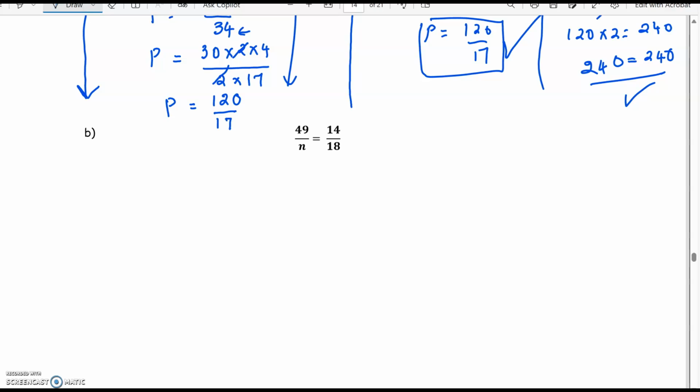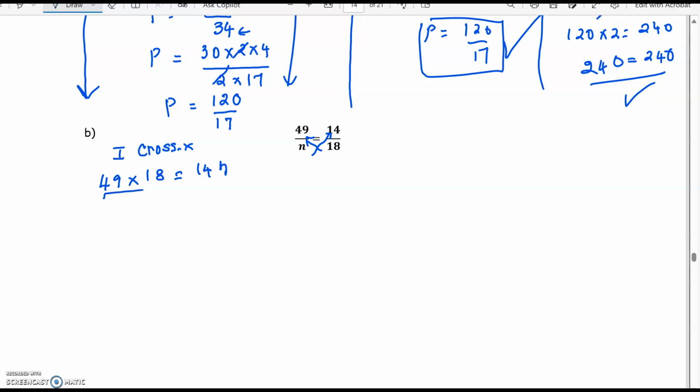Now multiply both sides, rather cross multiply. So we have 49. So the first method is cross multiplication. It always works, just sometimes maybe a little longer, like I said before, but it does work. So 49 times 18 is equal to 14 times n.